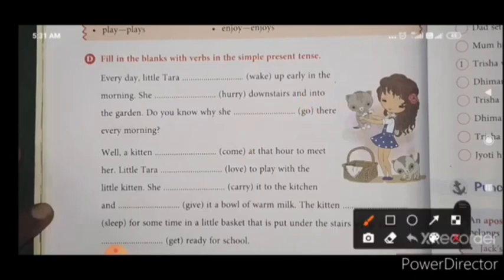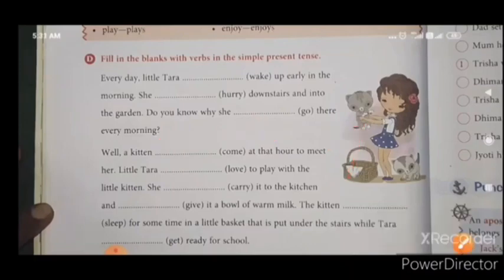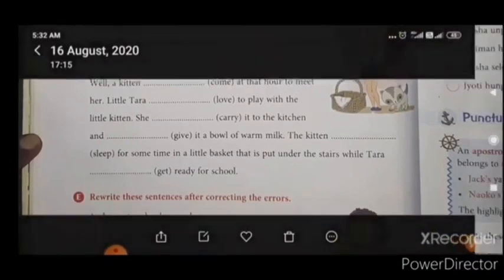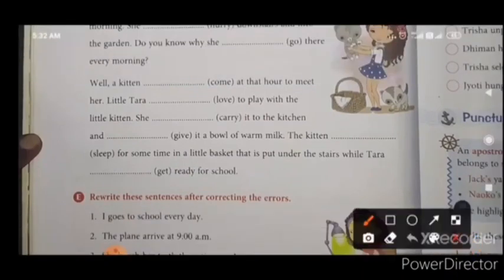Well, a kitten comes at the hour to meet her. So kitten means, look at the picture. Kitten comes. The answer is comes at that hour to meet her. Little Tara loves to play with the little kitten.